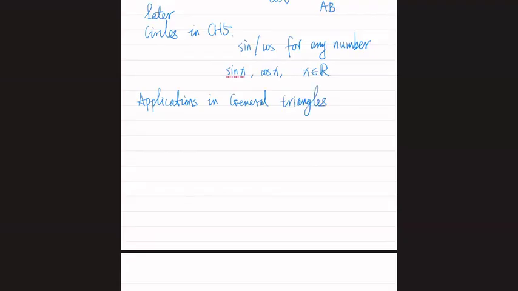Let's draw a general triangle, not necessarily a right triangle. We have a few angles. Maybe I can change this, make it less symmetric.